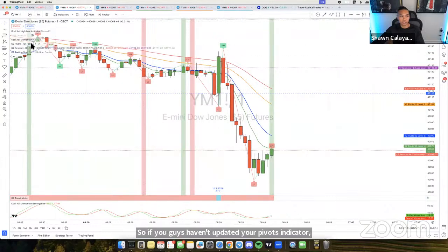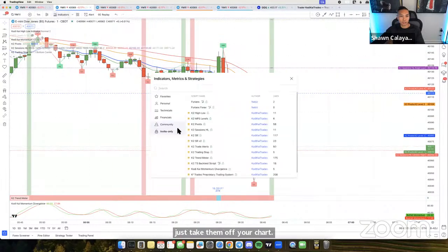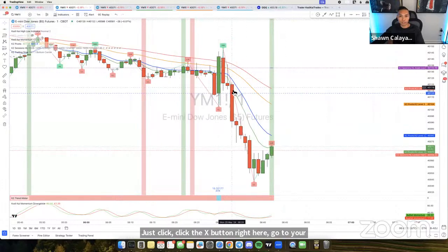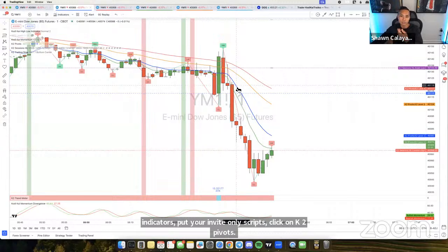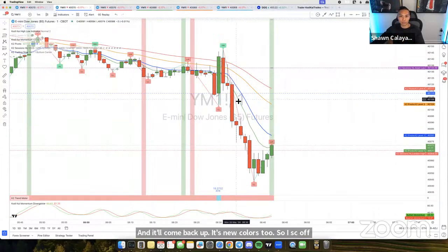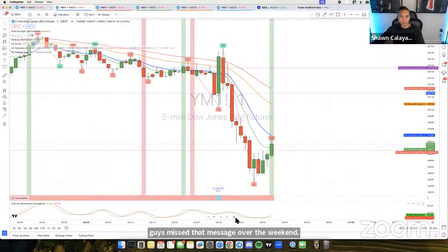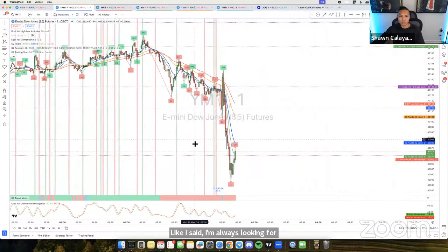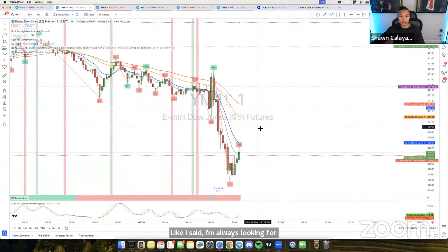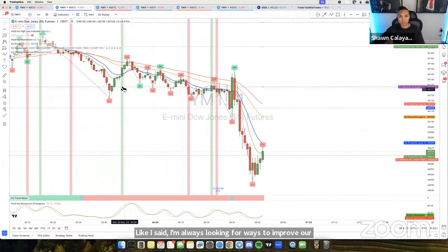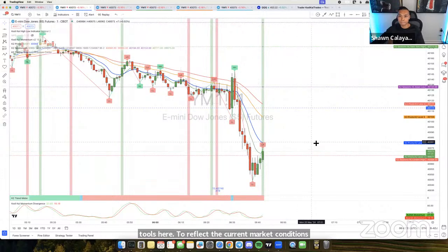Click the X button right here, go to your indicators, go to your invite-only scripts, click on K2 pivots, and it'll come back up. It has new colors too. I took off the yellow so that you don't get that yellow color for the blue pivot anymore. It's now going to come up as blue by default. If you guys missed that message over the weekend. Like I said, I'm always looking for ways to improve our tools here to reflect the current market conditions. And you can see here how the pivots are a lot smoother.